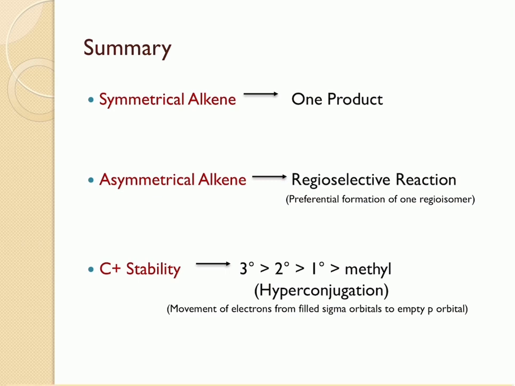And the stability of the carbocations is going to follow this order, where the tertiary is more stable compared to the secondary, primary, and methyl. And that is because of hyperconjugation, which is basically the movement of the electrons from filled sigma orbital to empty p orbital. And then we also have talked about how one carbocation can be changed into another carbocation.